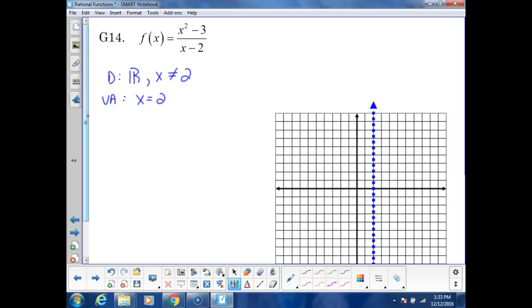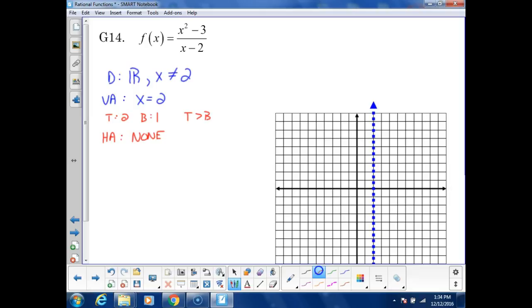Degree of the top is 2. Degree of the bottom is 1. So this is the top-is-greater-than-the-bottom case, which tells me there is no horizontal asymptote. But why is it a slant?